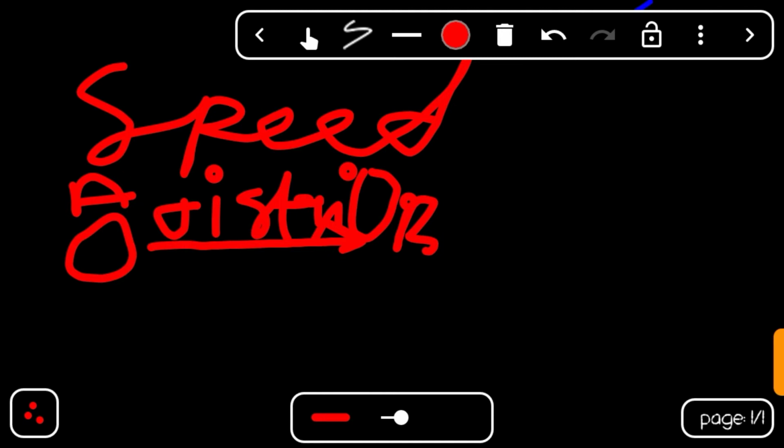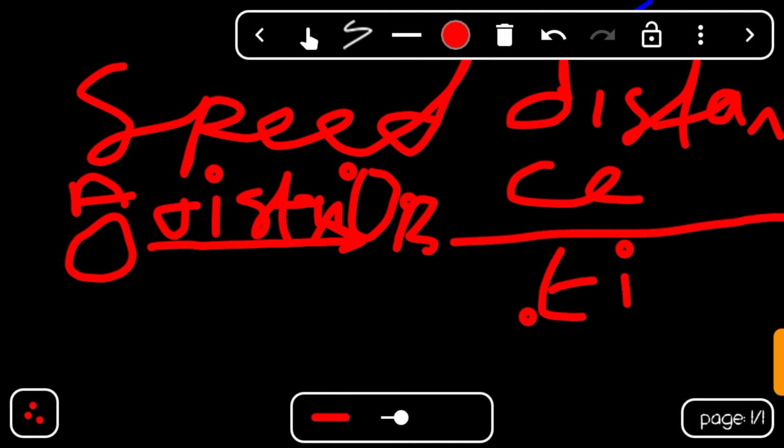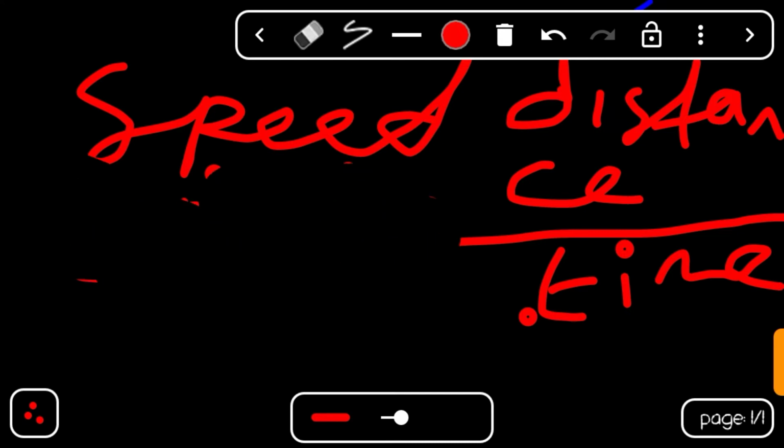So that is why we have speed to be distance over time. That is the time it takes the ball to travel from one point to another. Distance over time.